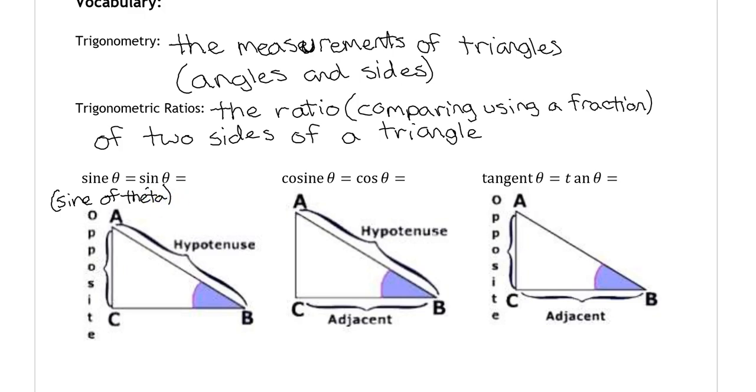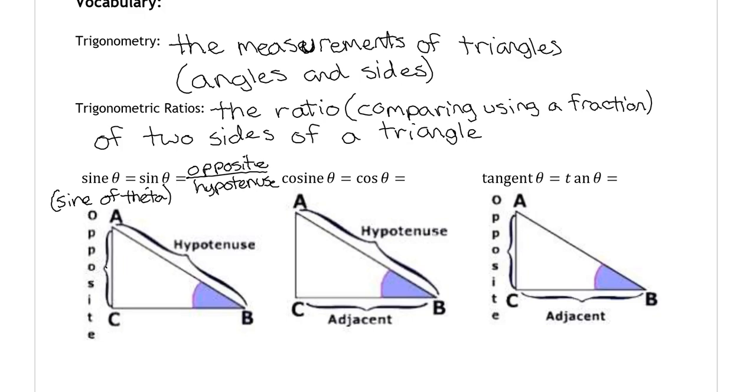So it's the sine of theta, and that equals opposite over hypotenuse. So it's comparing the opposite side and the hypotenuse side.